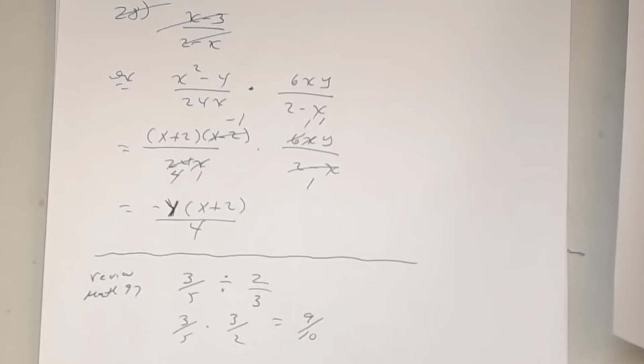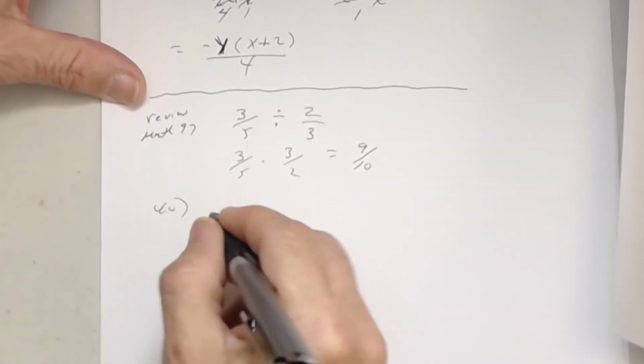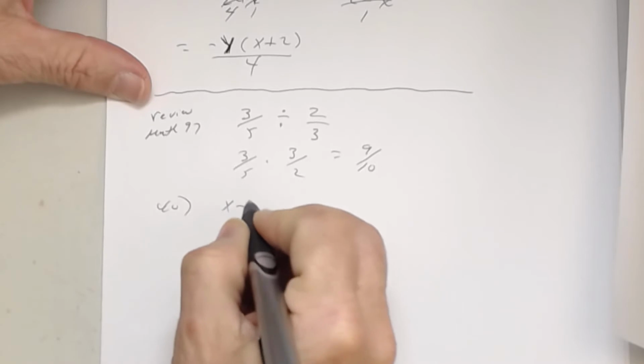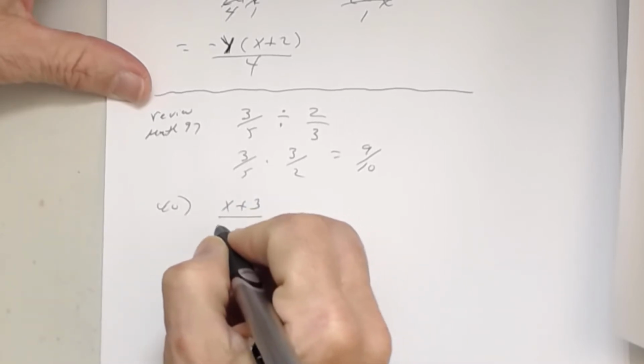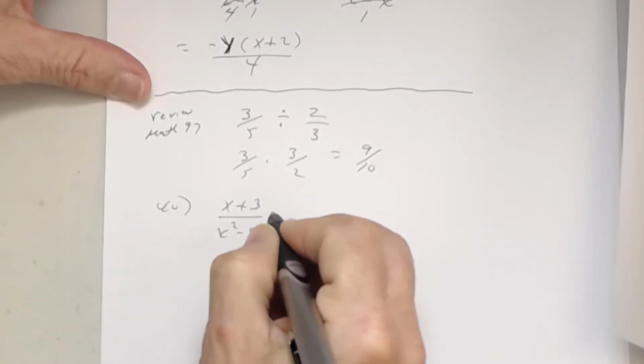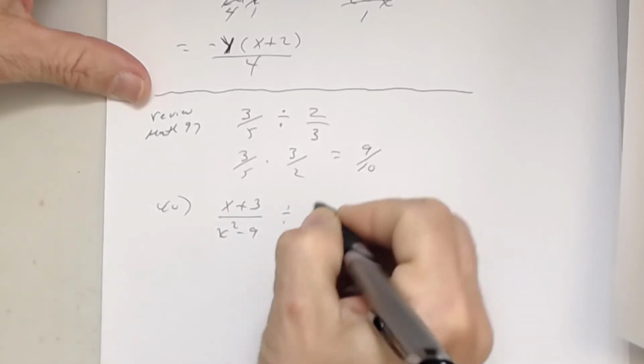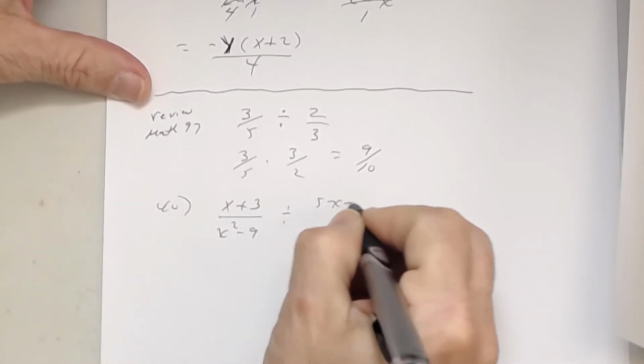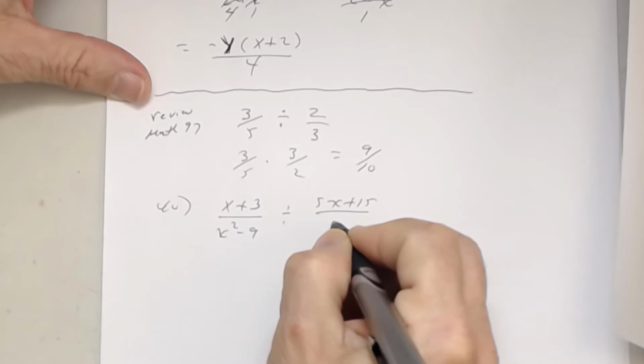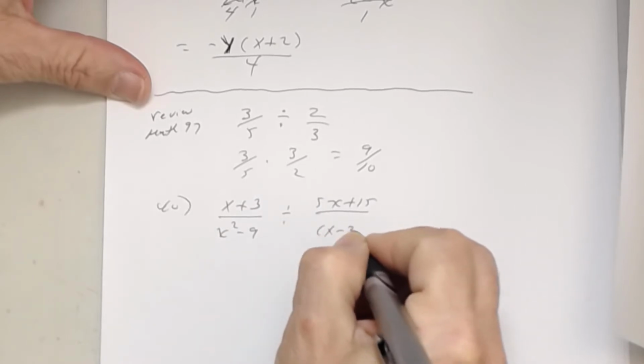This is number 40. You have x plus 3 divided by x squared minus 9, divided by 5x plus 15 divided by x minus 3 squared.